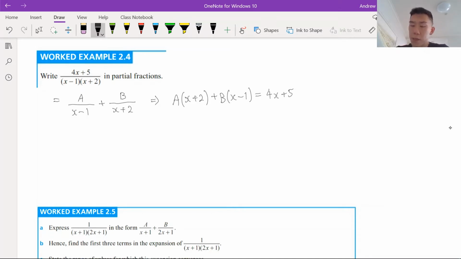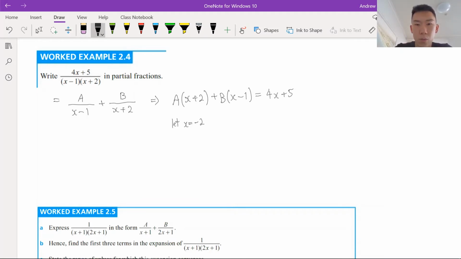Now there's a few ways of doing this, but the quickest would be trying to eliminate either A or B. So let's think about this term here. If we want to eliminate A completely, what would x have to equal? It has to equal -2, because that would make the bracket 0.